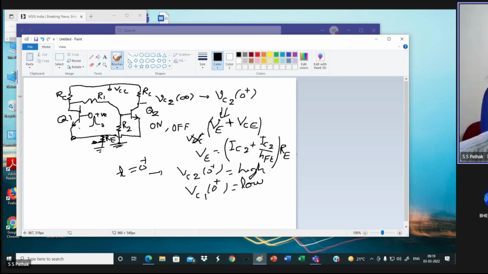Both of them can be defined according to their active regions also. Now what happens? It will remain as such until the second trigger is applied. Until the second trigger comes, it remains in this state. VC2 remains high, VC1 at 0 plus remains low.